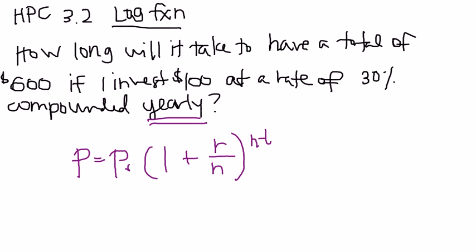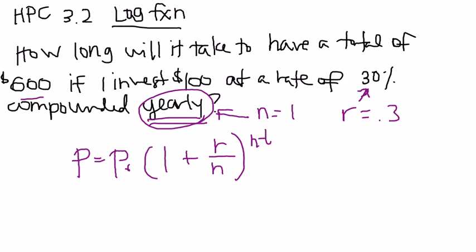So let's see. I know my r is 0.3. And since we're compounding yearly, that means n is equal to 1.